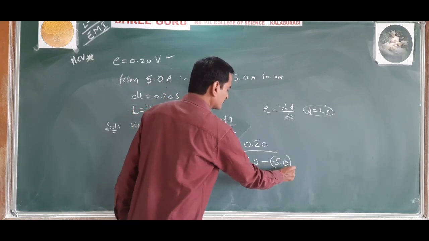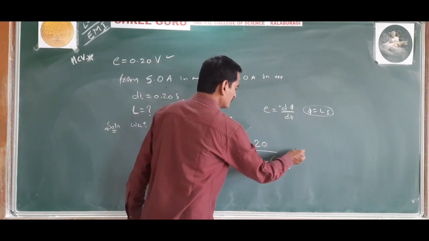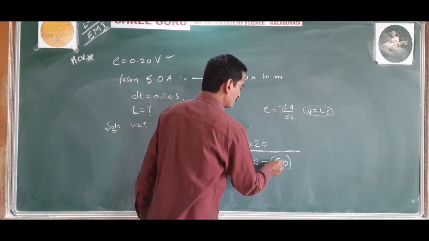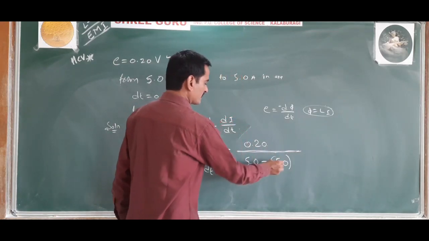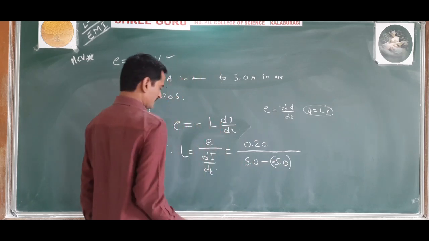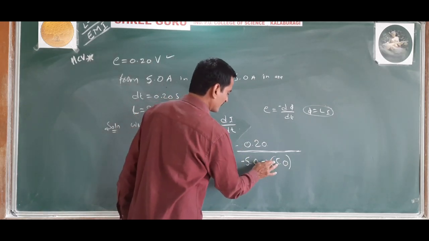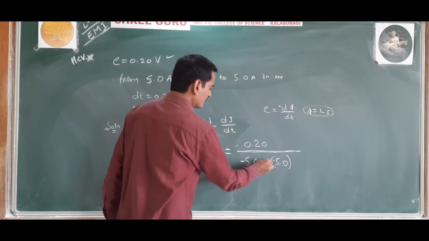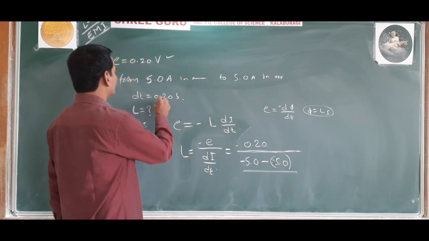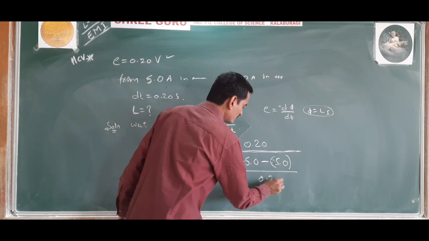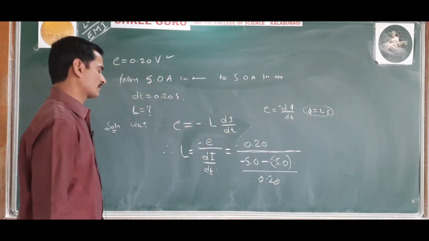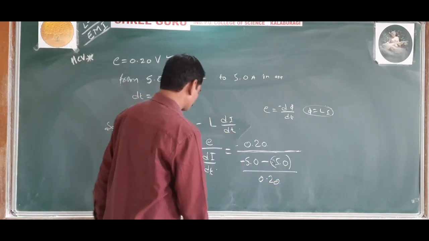That's why you write one as negative, because the direction is changing. Divided by dt, the time taken, 0.20 second. So simplify this one.